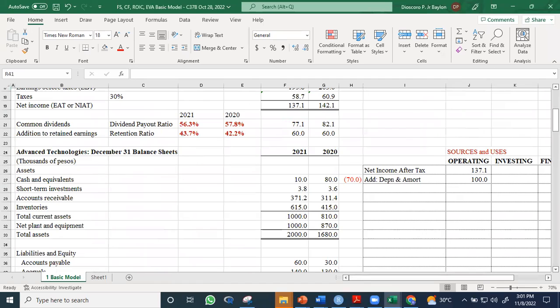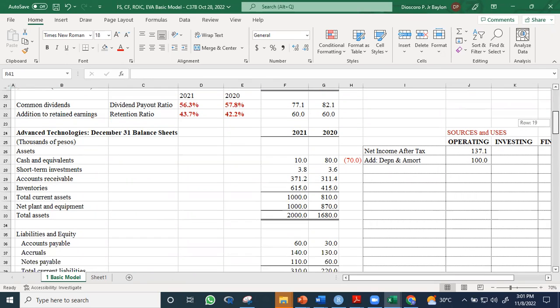Okay, so now these are what we need to get from the income statement. Kaya kailangan natin yung income statement kasi doon manggagaling yung net income after tax at saka yung depreciation and amortization. And in case there are other non-cash items, we need to adjust yung net income after tax. It can be a non-cash revenue. It can be a non-cash expense, just like in this case, depreciation and amortization.